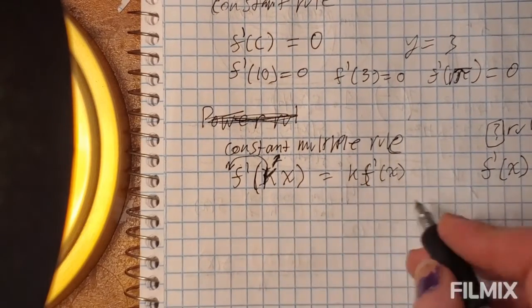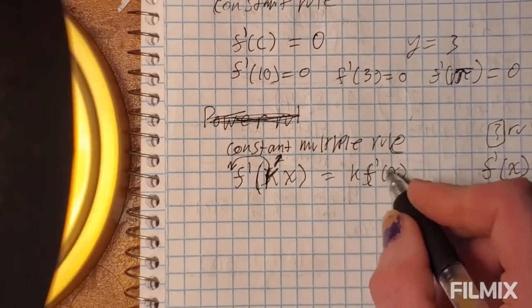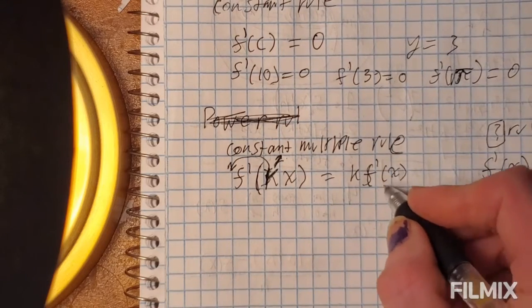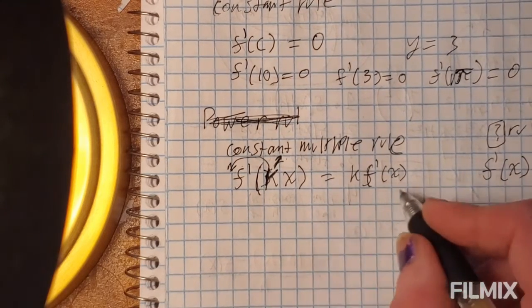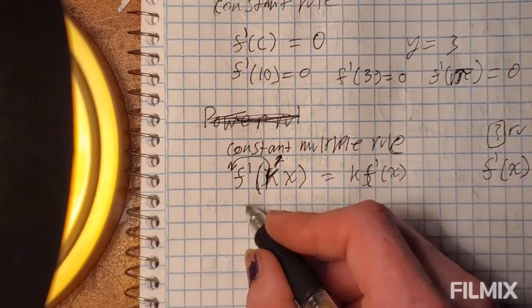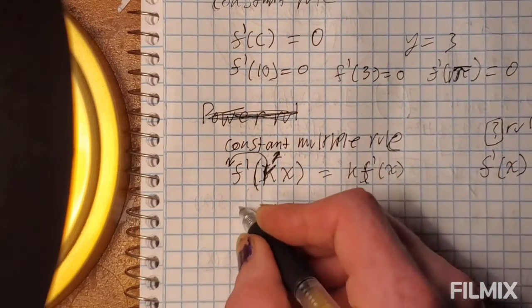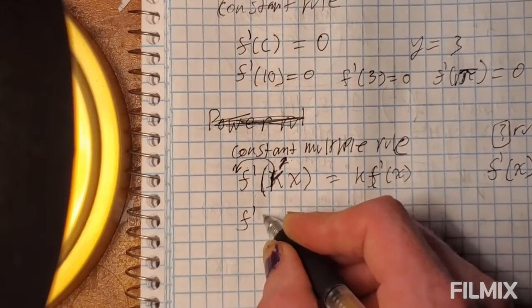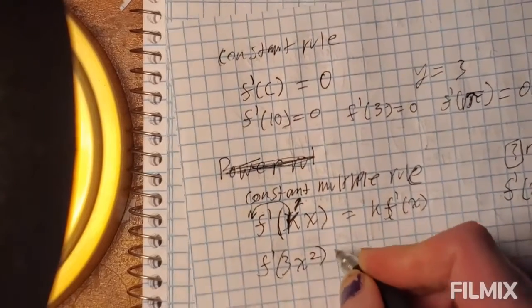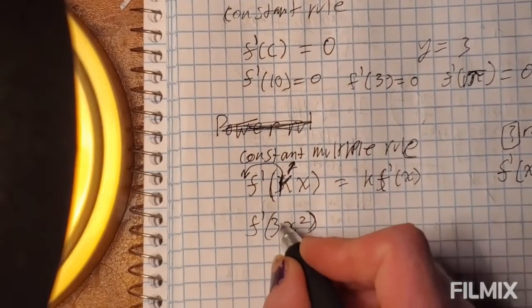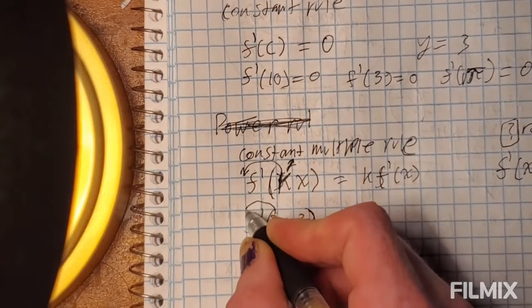So, back to the constant multiple rule. So that's just k times f prime of x, which is 1. Back to this. Let's say you have f prime of 3x squared. Well, how do you figure that out? You take the 3 and you move it out here.